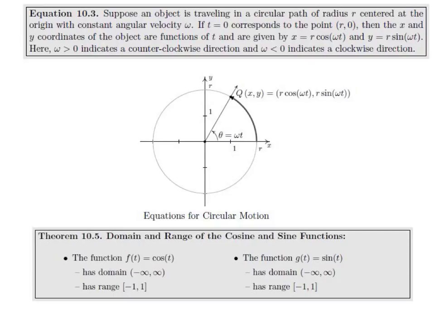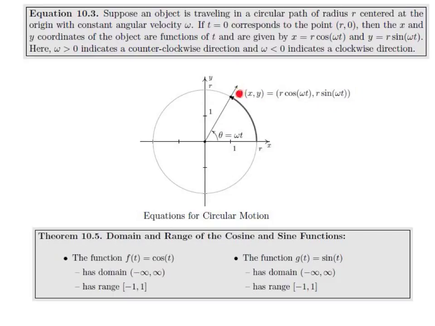When you start to treat the point on the edge of a circle as an actual motion, following it around like the hand on a clock, then you get into the equations of motion. The x value would be r cosine omega t, where omega is the angular frequency, usually radians per minute or something like that, and y is r sine omega t.